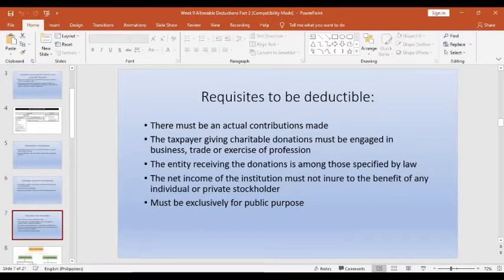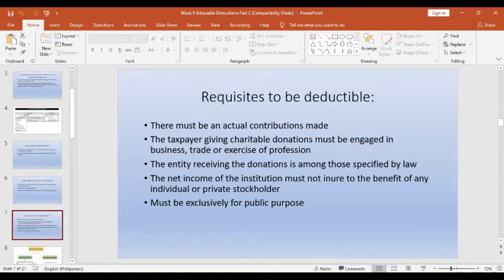So what are the requirements in order that these charitable contributions can be deductible? There must be an actual contribution made. The taxpayer giving the charitable donation must be engaged in business, trade, or exercise of profession.